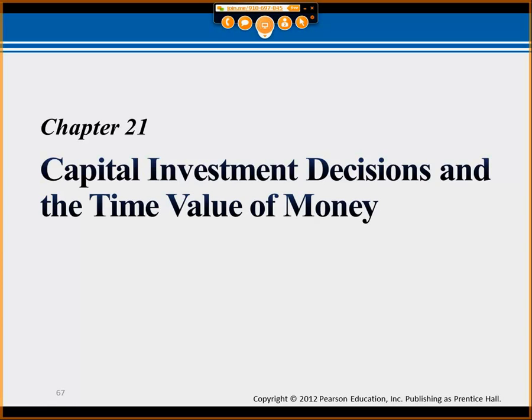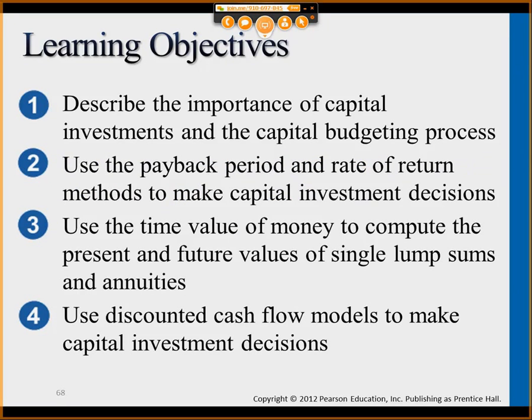Okay, so next chapter is our capital investment decisions and the time value of money. Just a second. So we have the following objectives that we need to go over. We're going to describe the importance of capital investments and the capital budgeting process.